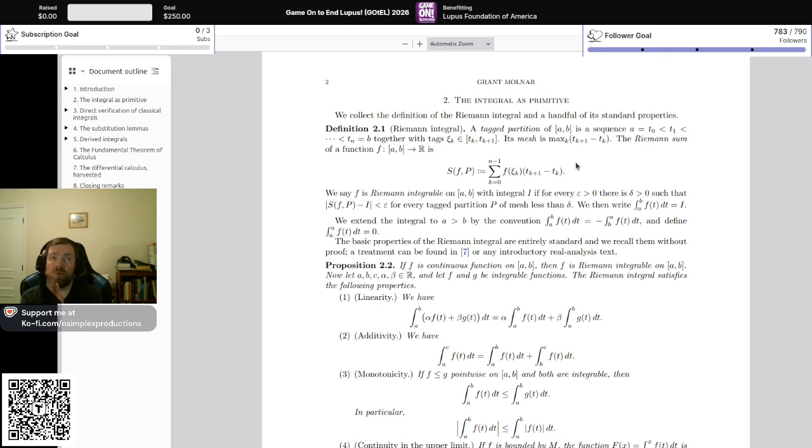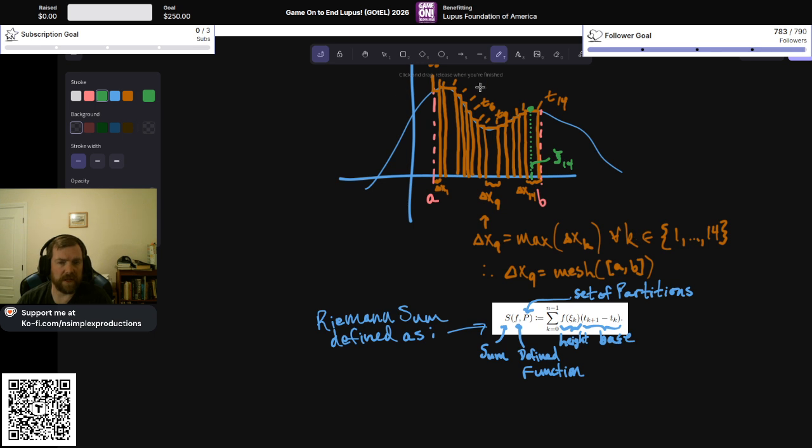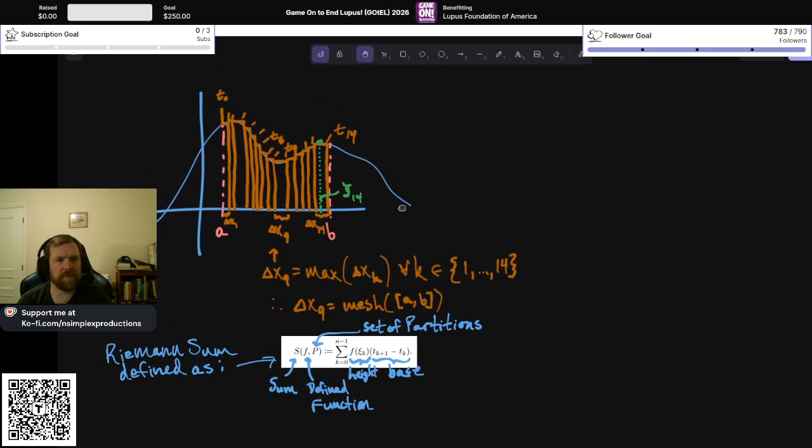So we are allowed to choose some sort of epsilon, whatever it might be. This is going to be our effectively target difference between the sum and the integral. It's also like the acceptable error.